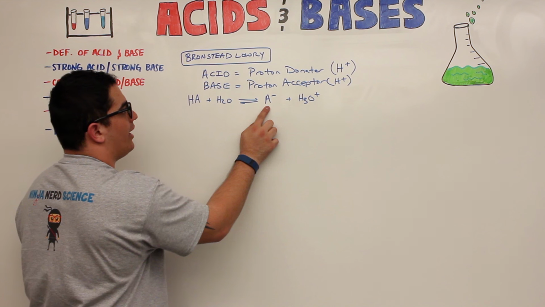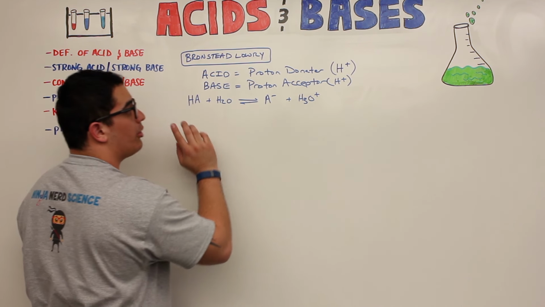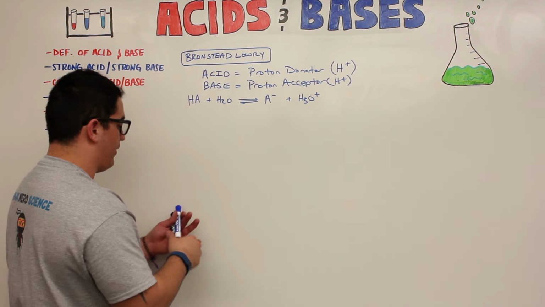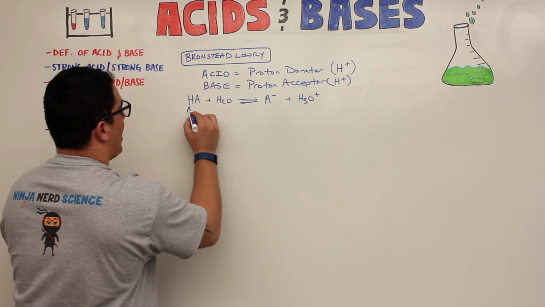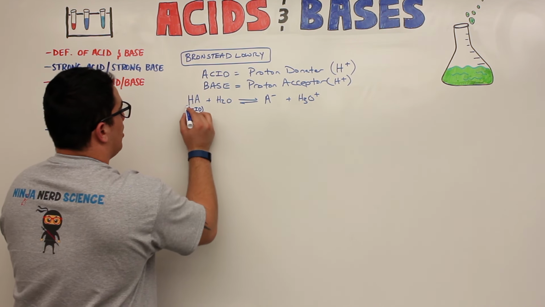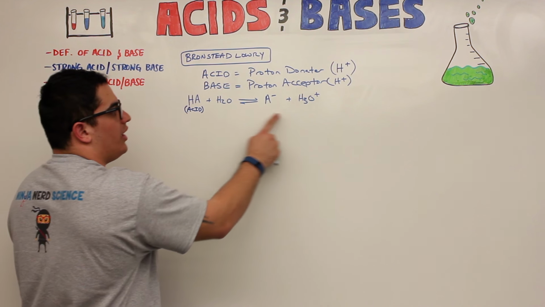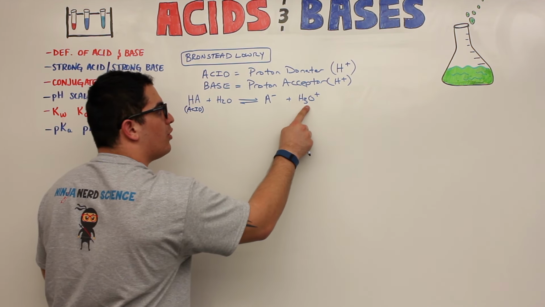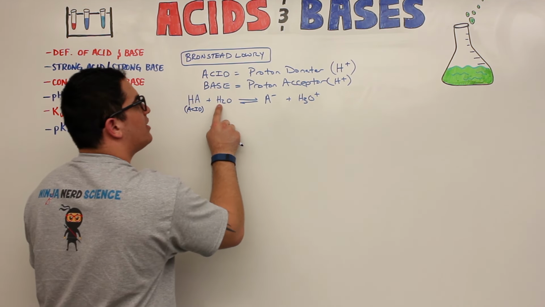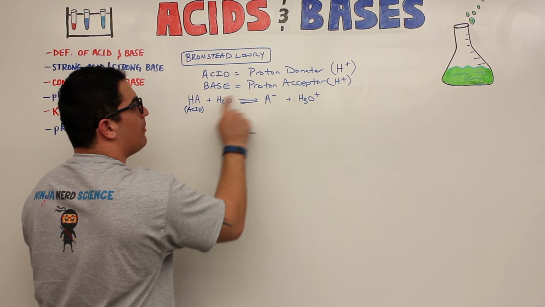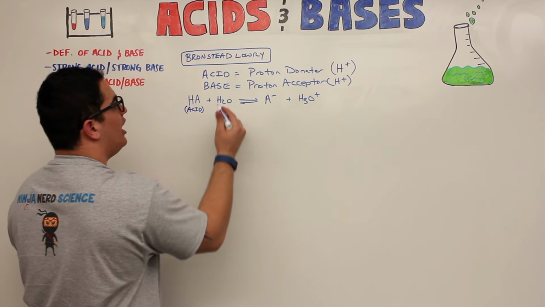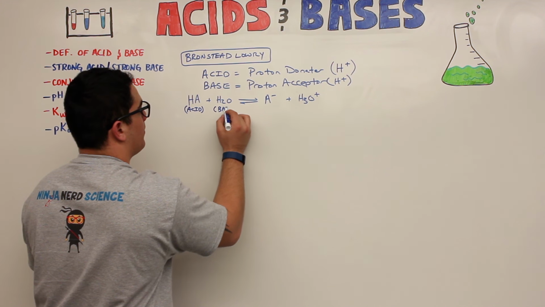It turned into A negative. So what did it do? It gave up a proton. So by definition, he must be the Bronsted-Lowry acid. And what happened to this H2O? He turned into H3O plus, hydronium. So he must have accepted that proton. And if he accepted the proton that the HA gave, he must be the base.